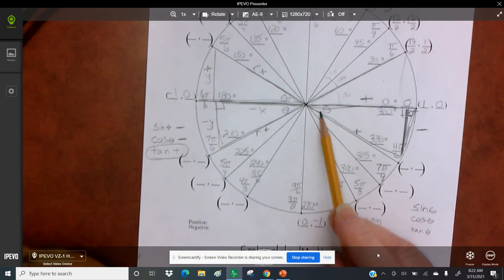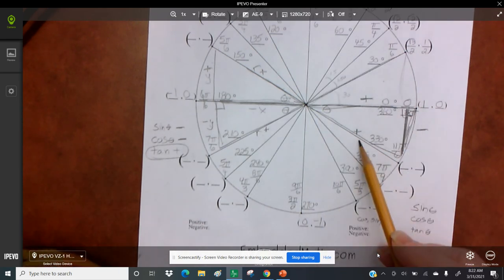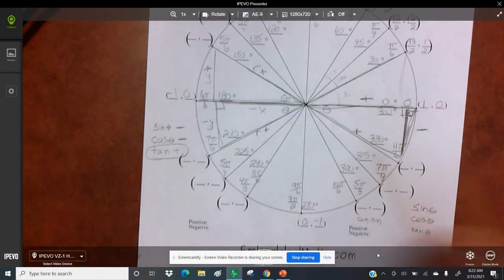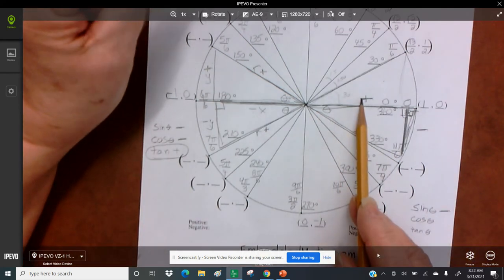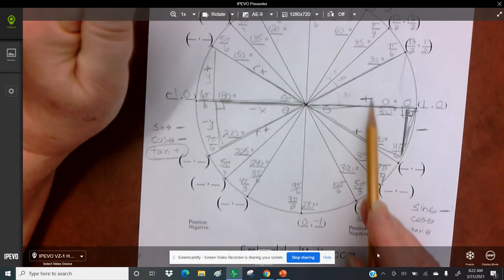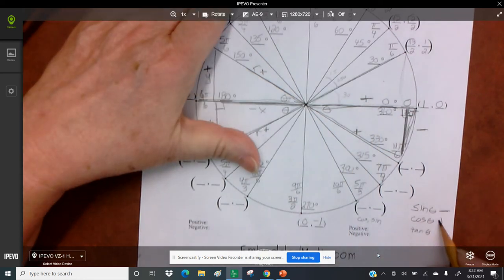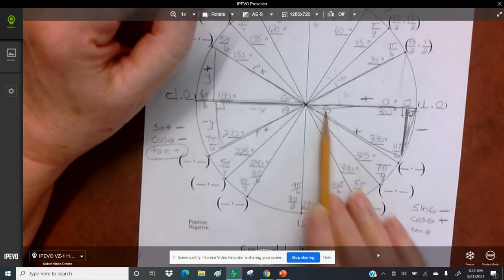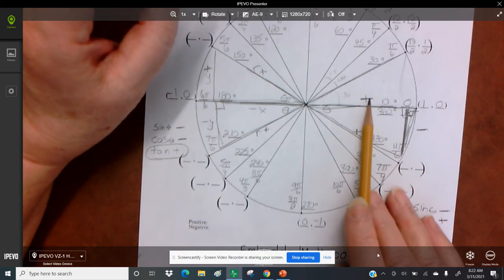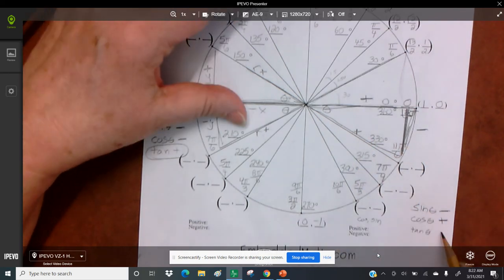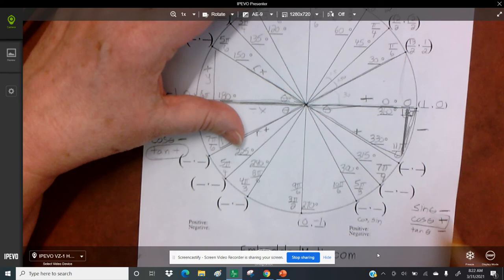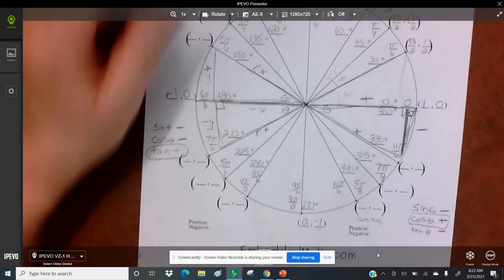My sine is my opposite over my hypotenuse, so it's a negative divided by a positive, so this would be negative. My cosine would be my adjacent divided by hypotenuse, so it's positive and positive, so that'll be positive. And my tangent is my opposite over my adjacent, so it's a negative divided by a positive, so that'll be negative. So in this quadrant, only the cosine is positive.